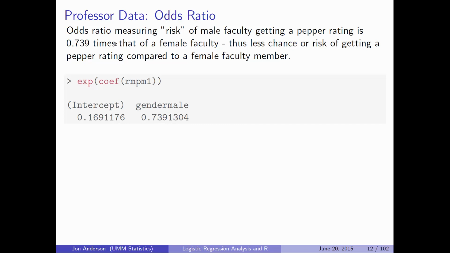The interpretation is right up here. A male faculty member getting a pepper rating is 0.739 times that, whatever the risk is, of a female faculty member. And since this is a multiple that's less than 1, it's less risk.